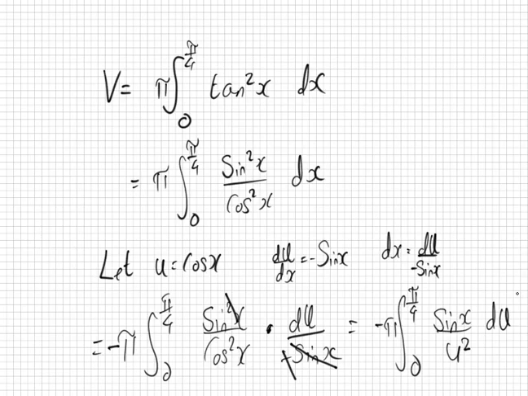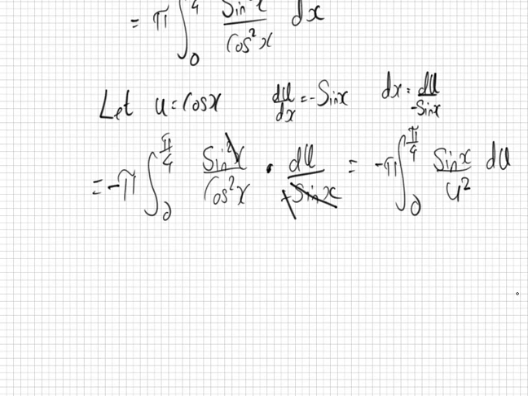Why did you put squared? Because it's cos squared. And u is cos x. Yeah? So anyways, maybe I shouldn't change the cos. Maybe I should change the sine. So let's try a different way. Minus pi. Oops, sorry.